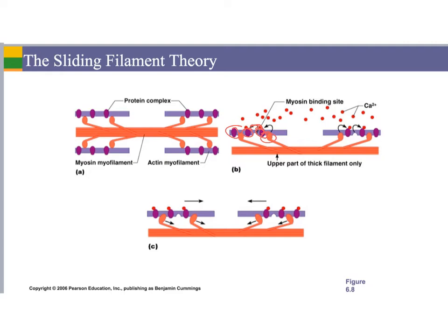And as soon as the myosin heads bind, they're going to pull those actin filaments towards the center of the sarcomere. And it's going to shorten every sarcomere of every myofibril in that muscle fiber, right? So lots of shortening going on. So that's why we say that calcium is the final trigger for muscle contraction, because muscles can't contract if those myosin binding sites are blocked by the troponin tropomyosin complex. All right.